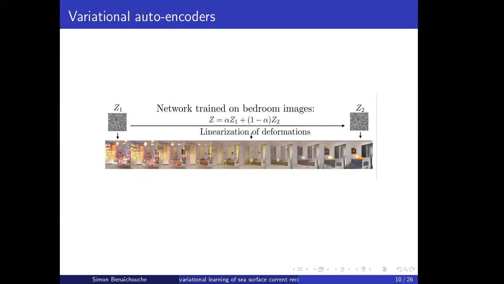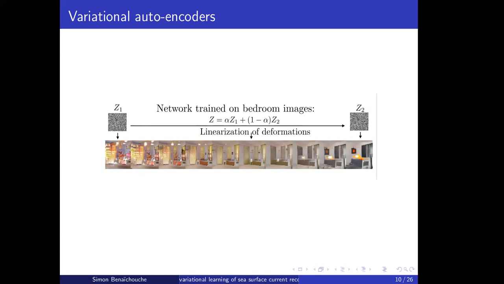Those models have really strong properties. If you try to do interpolation in the space of images, for example, you will get something in the middle which maybe will not be the type of image you are focusing on. But using this kind of model in the latent space, you have a kind of linear structure.